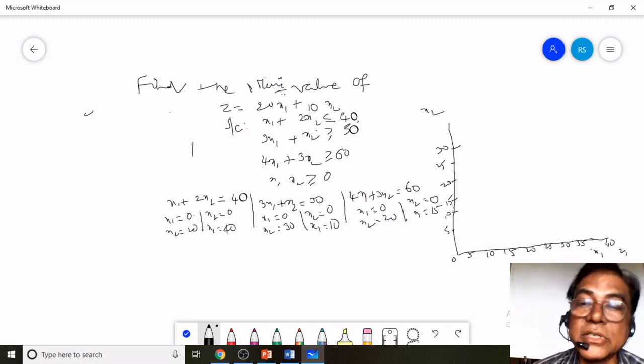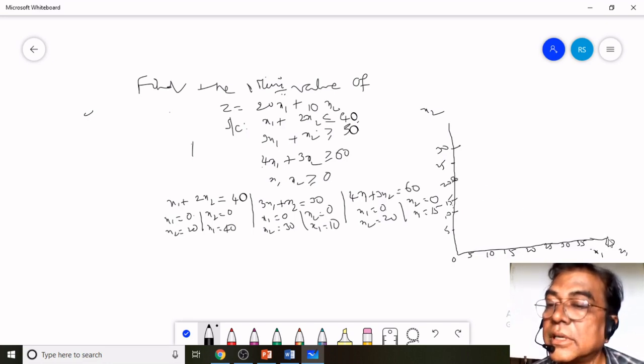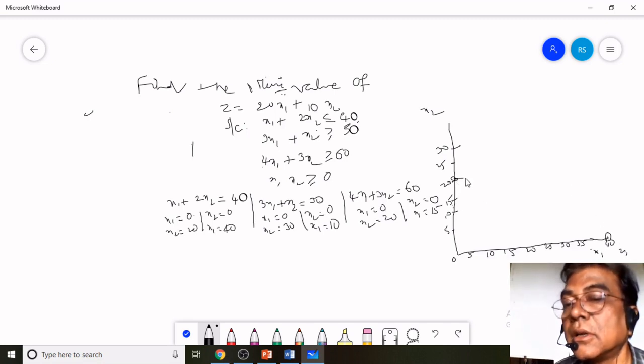Now come to the first equation. When x1 is equal to 0, x2 is equal to 20. x1 is equal to 40, 40. Now you join these two points.